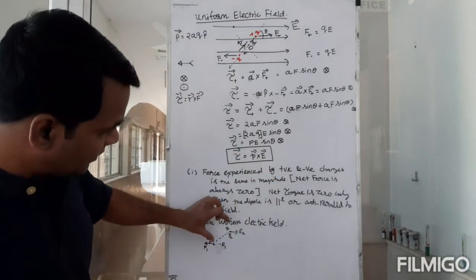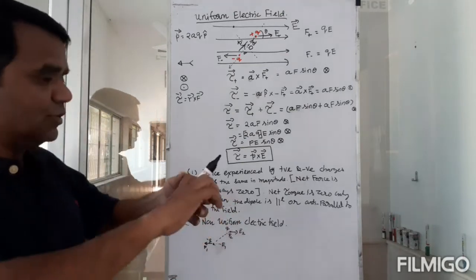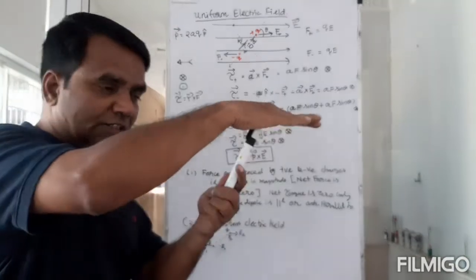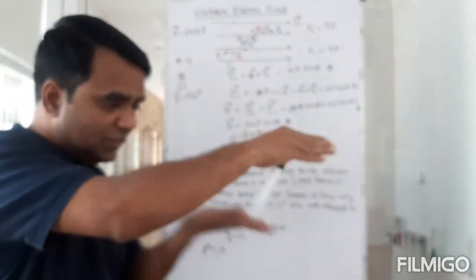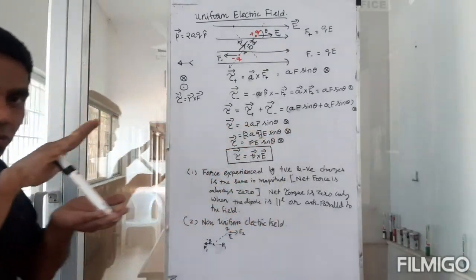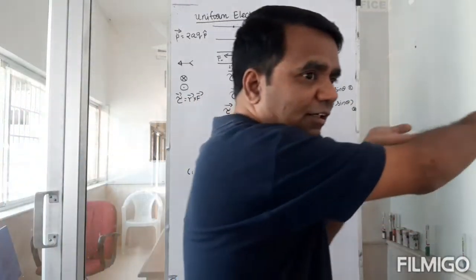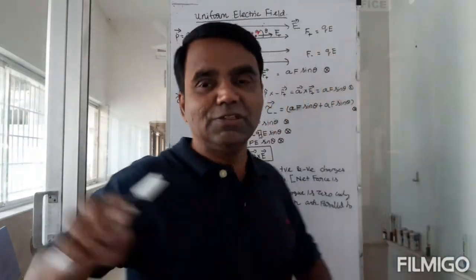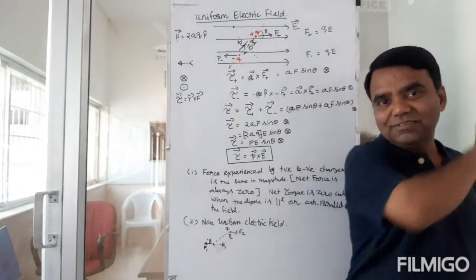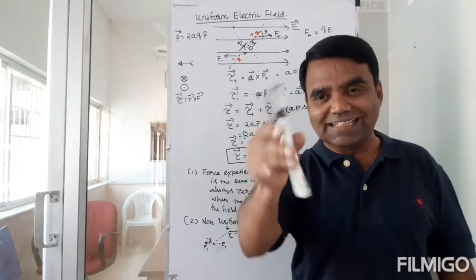At the same time, they are not aligned, they are not acting along the same line. You see, this is pushing in this direction, this is pushing in this direction. There is also a torque here. So what this will do is, it will move and then it will be vibrating and then moving. In a uniform field, it will just be doing this because the forces are equal and they cancel each other out.